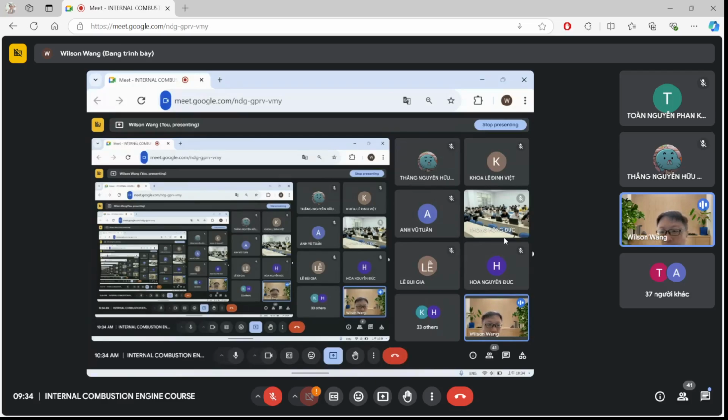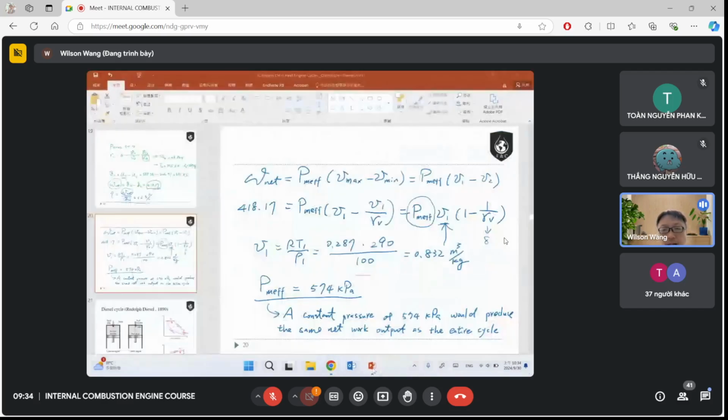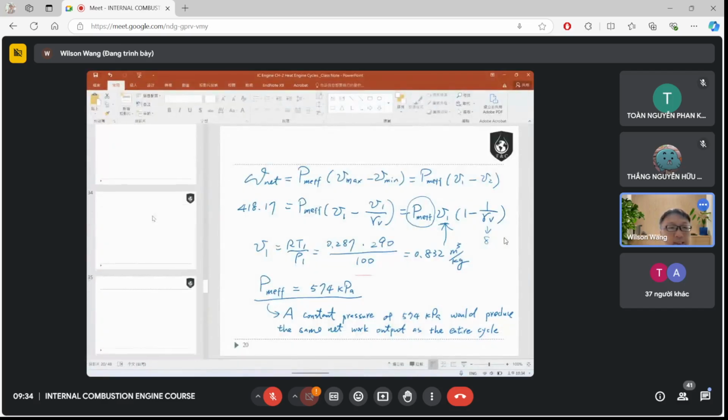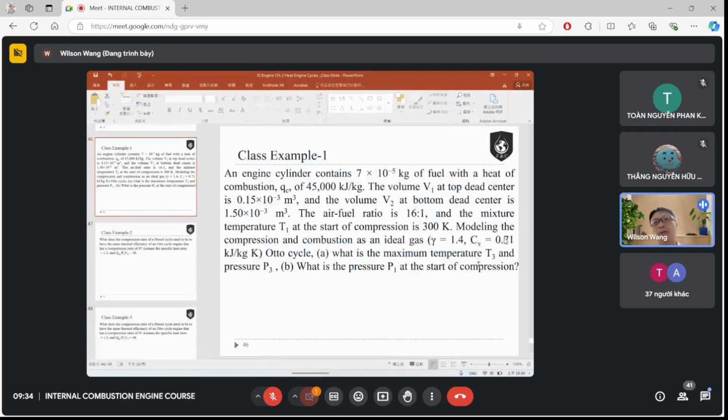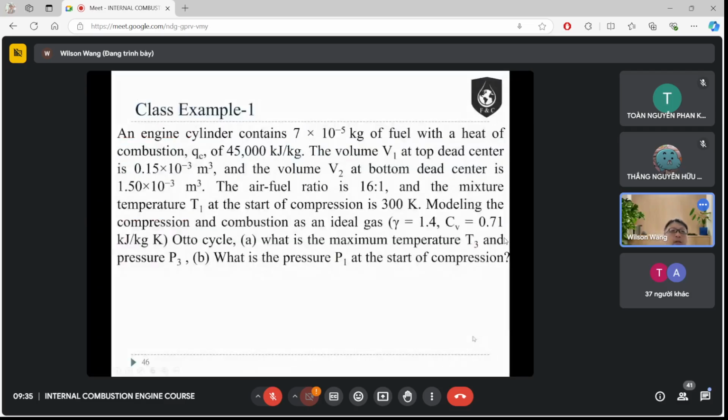All right, and we still have 20 minutes to the end. So we want to practice an example. Here is a class example. An engine cylinder contains 7 times 10 to minus 5 kilogram of fuel with a heat of combustion.